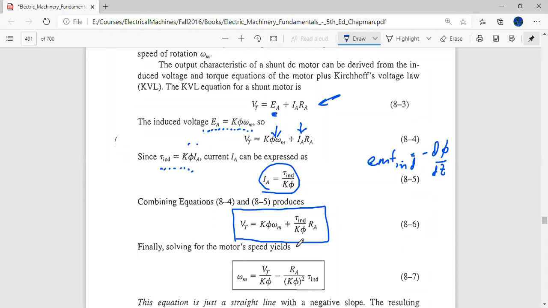We want to plot a graph of the torque versus speed characteristics, so I'm chiefly interested in these two quantities, which are obviously variable. K is obviously a constant, depending on the construction of the machine. Ra is also constant, as it depends on the construction of the machine.